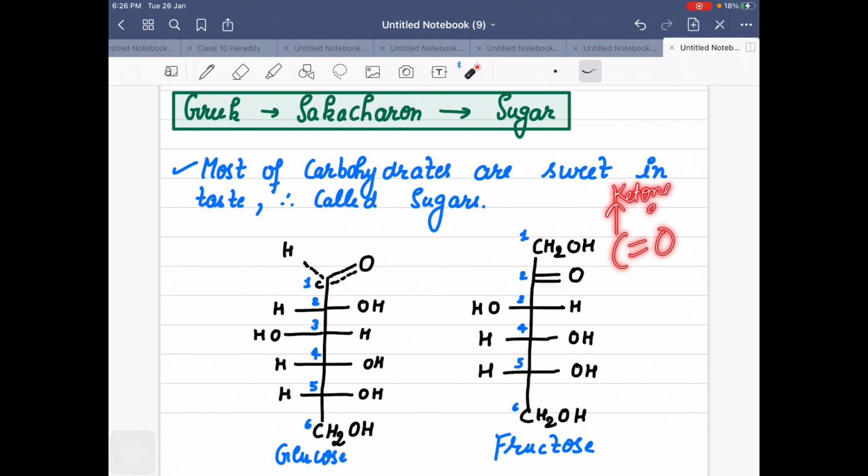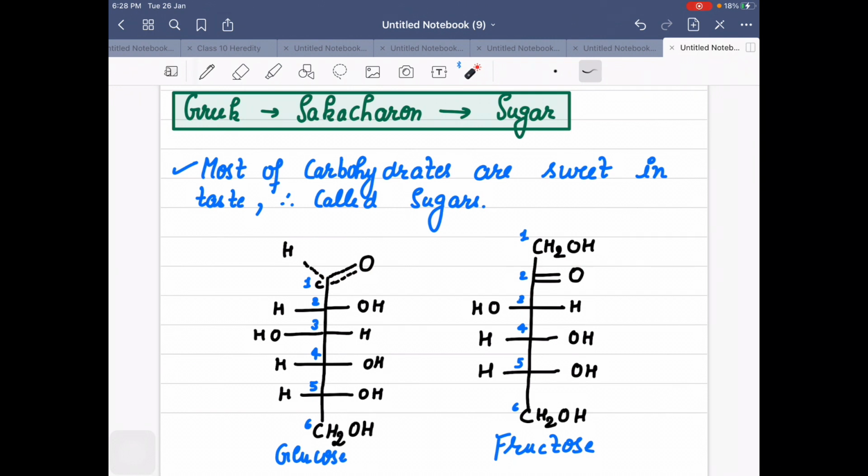So if you look at this glucose, what kind of structure and group it has. Basically, the first difference is the CHO: glucose has the aldehyde group, and fructose has the keto group, right? That is the major difference, aldehyde and keto group.